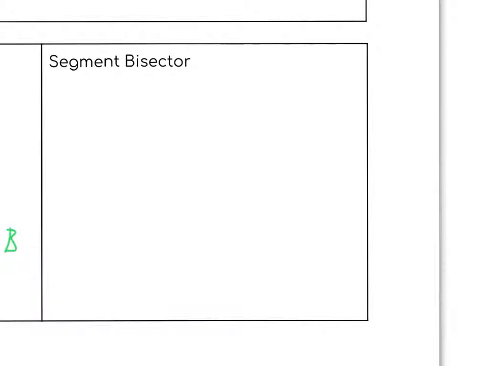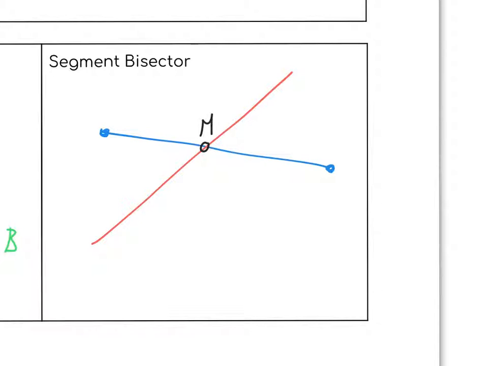All right, last piece here is the idea of a segment bisector. We already talked about the word bisector. Bisector means cut in half. A segment bisector is anything that cuts a segment in half such that it goes through the midpoint.